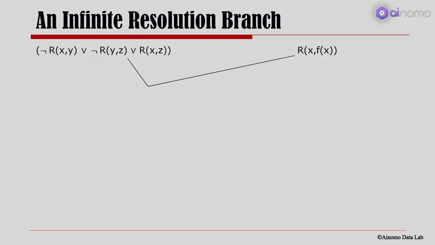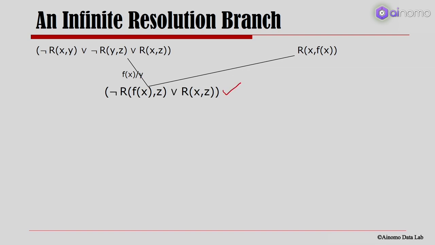So, here are my clauses, one that comes from the rule in the knowledge base and the other that is the negation of the goal. We have a substitution f(x) for y and that results into the resultant that is here.